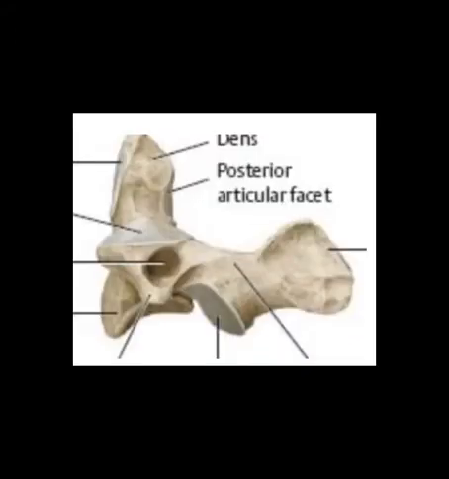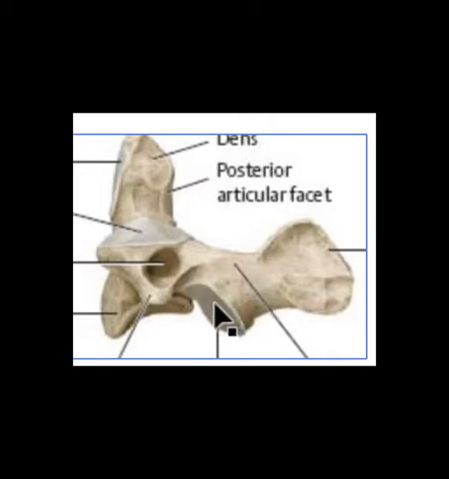To understand the relationship between C1, C2 and C3 vertebrae, it is important to appreciate that the C2 vertebra is a transition vertebra between C1 and C3 vertebrae.